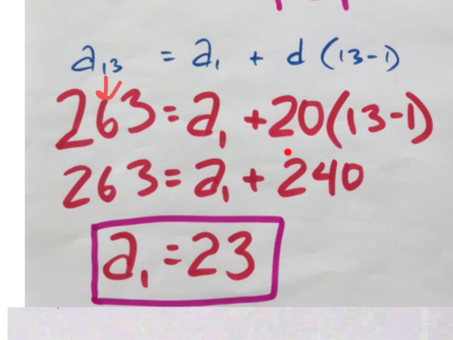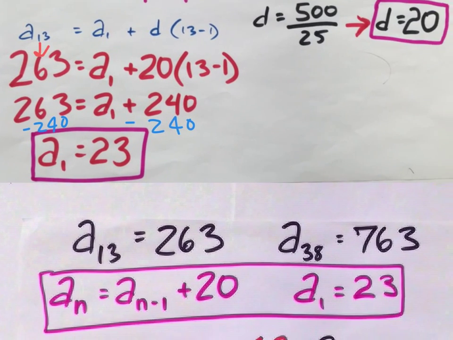And 12 times 20 is going to give us 240. And we know that 263 equals a sub 1 plus 240. And if we subtract 240 from both sides, that's going to give us 23. So now we found the very first value in this sequence, which is 23.